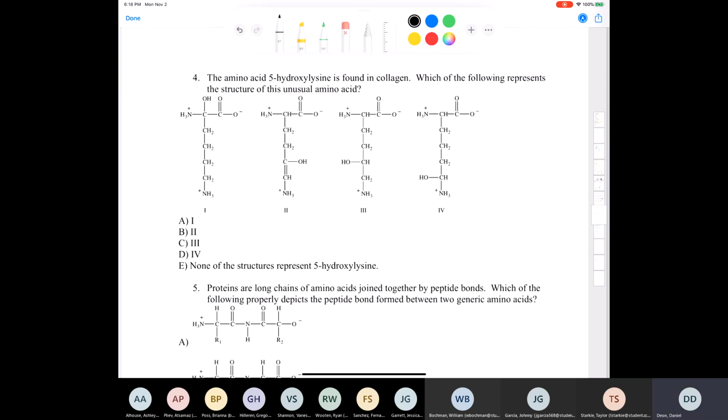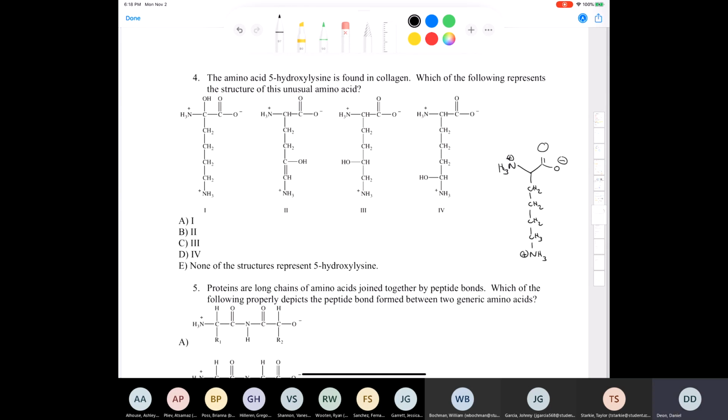The structure of lysine looks like this. So we have our carboxyl end, right? And then we have 1, 2, 3, 4 CH2 groups like that, and then we have an NH3 plus.